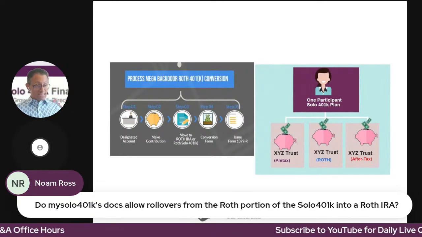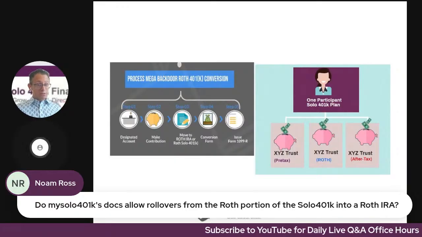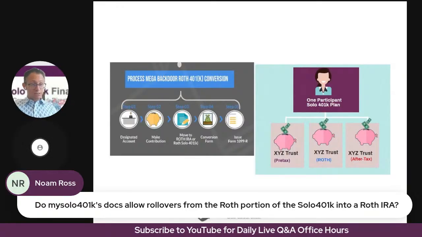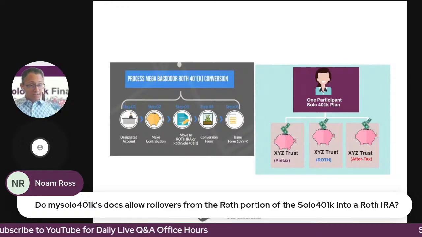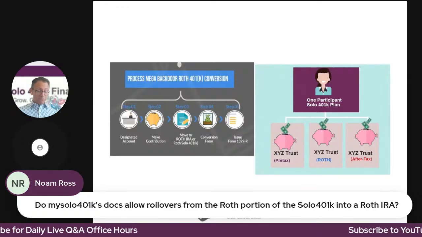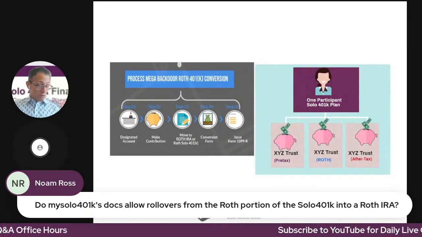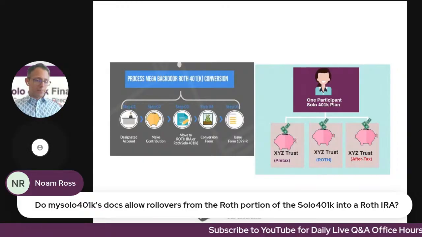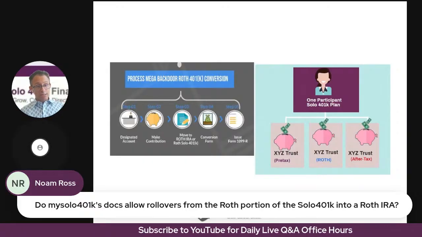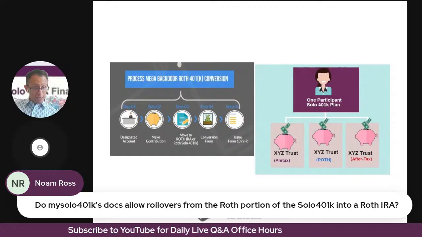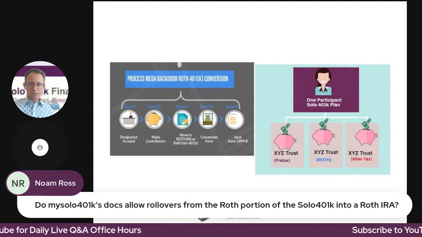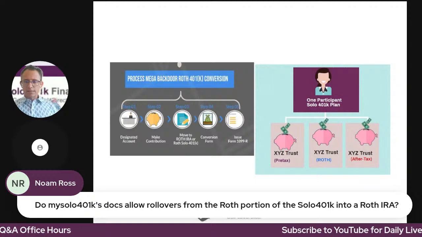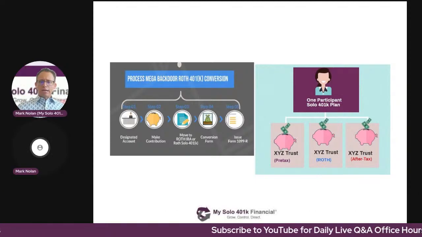The plan does allow, and so do the IRS statutory regulations, the conversion of those voluntary after-tax solo 401k funds to the Roth solo 401k or the Roth IRA. So there's a difference between the Roth solo 401k bucket and the voluntary after-tax solo 401k bucket. Don't confuse those. All right, so great question here.